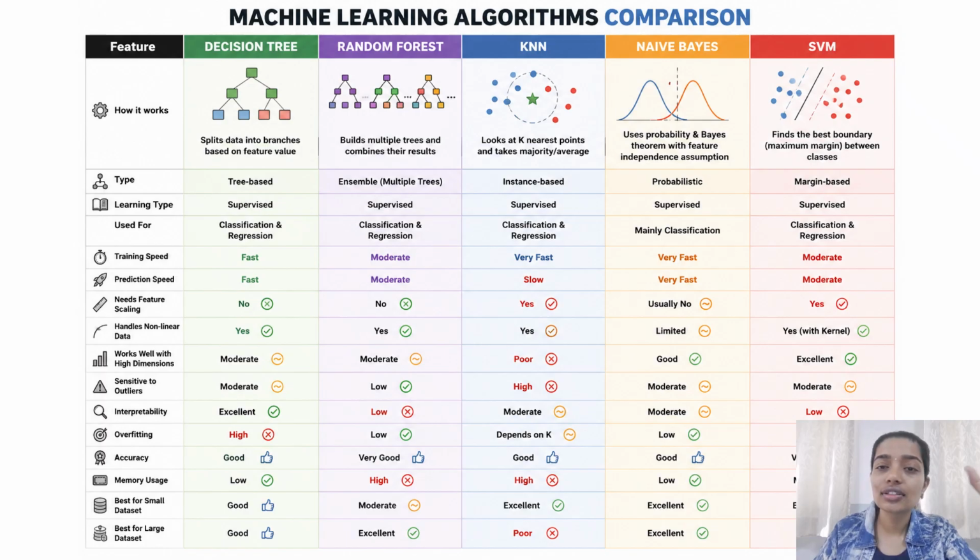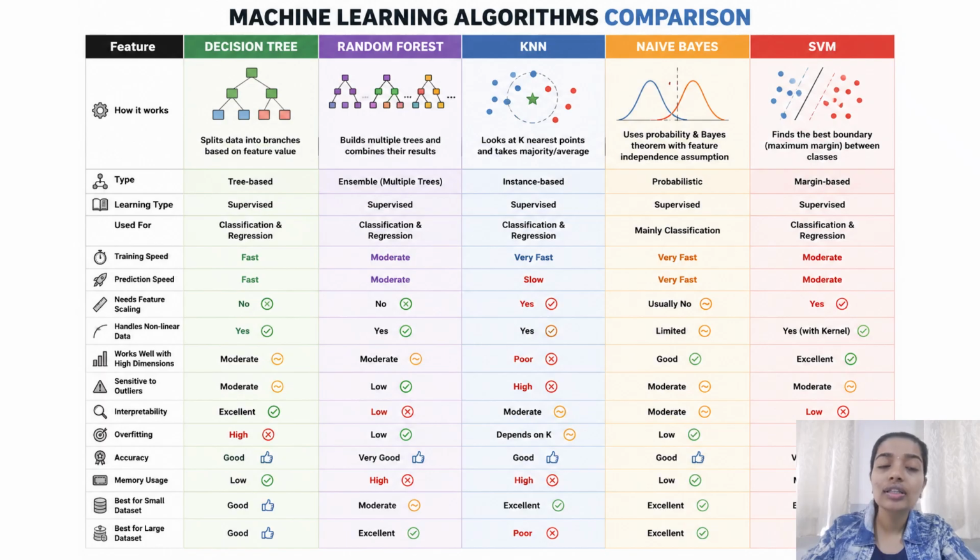KNN's result entirely depends on the value of k. The naive Bayes theorem, the name says the same thing. No matter whether you remember its advantages and disadvantages, you should always remember how the algorithm works.